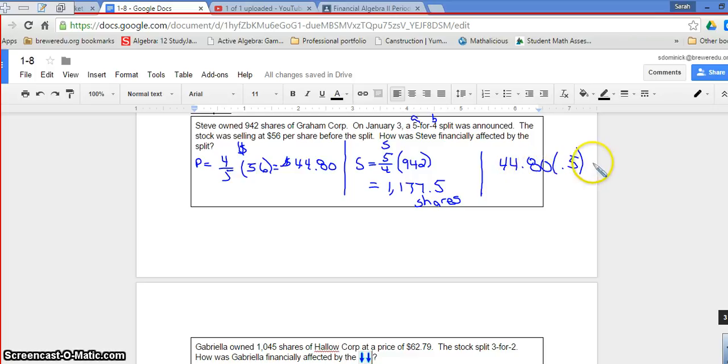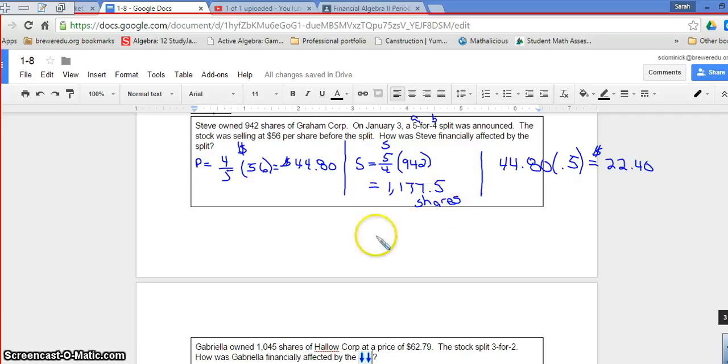That's another way you could think about this, and for the people that like the logic part, that might work. So 44.80 times 0.5, or 44.80 divided by 2, should leave you with $22.40. Steve's going to get a check for $22.40, and he will then own 1,177 shares of this company.